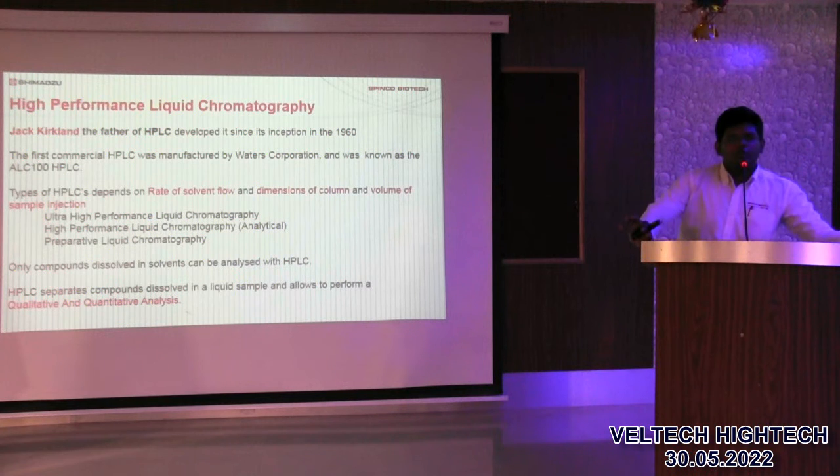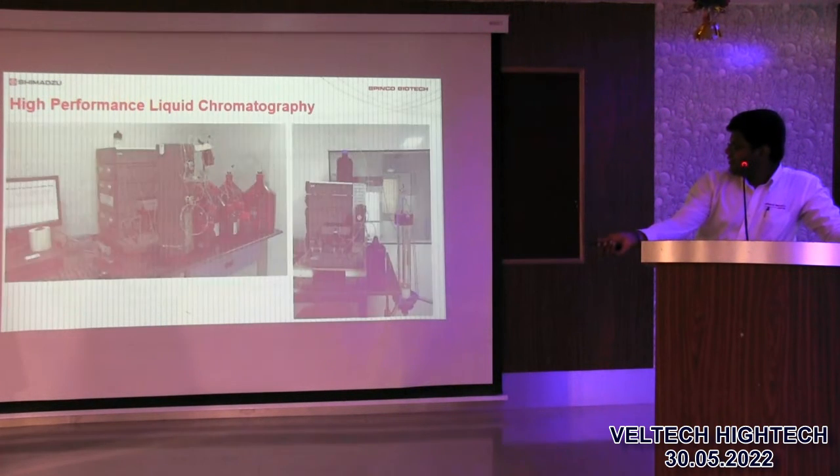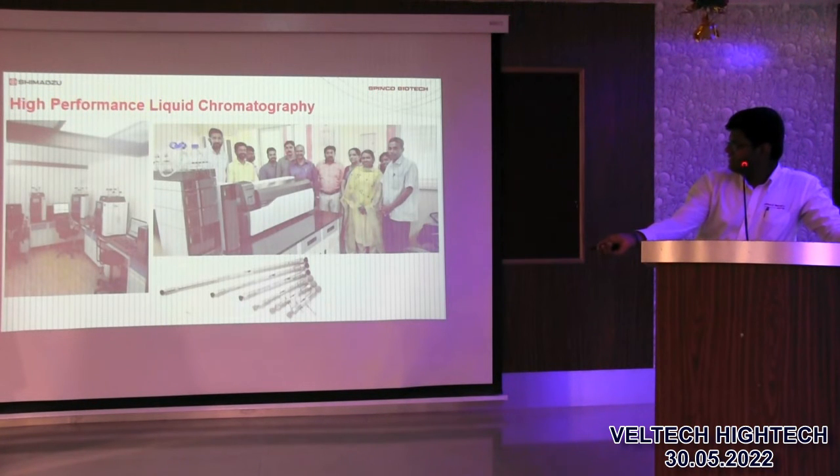Now, high performance liquid chromatography. So I have told you the mobile phase here is nothing but liquid. Right. So what about the stationary phase? Okay. So the stationary phase is nothing but a packed column, let us consider. I'll just show you an example of a packed column. You can see this one, it would look like a pencil, okay?